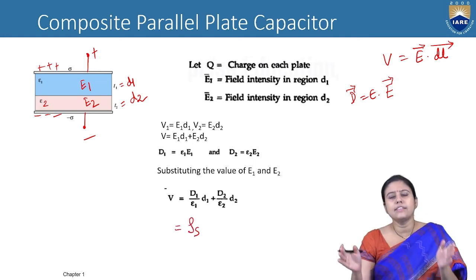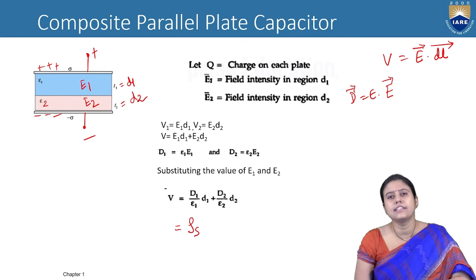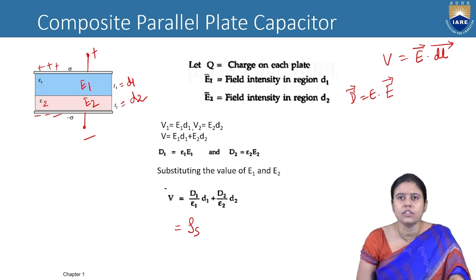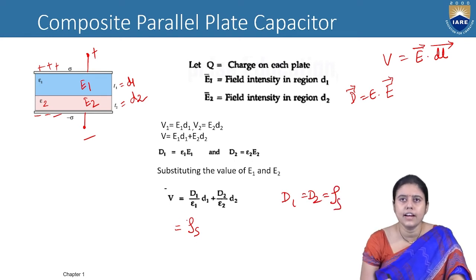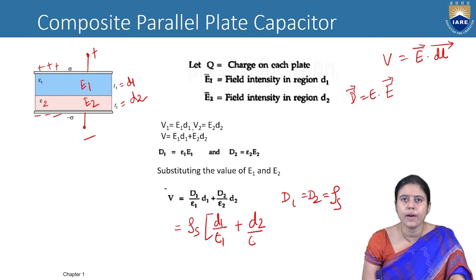Now in any surface, the charge density is always constant. So we can write D1 equals D2 is equal to rho S. So we can write it here: V equals rho S times (d1 by epsilon 1 plus d2 by epsilon 2).